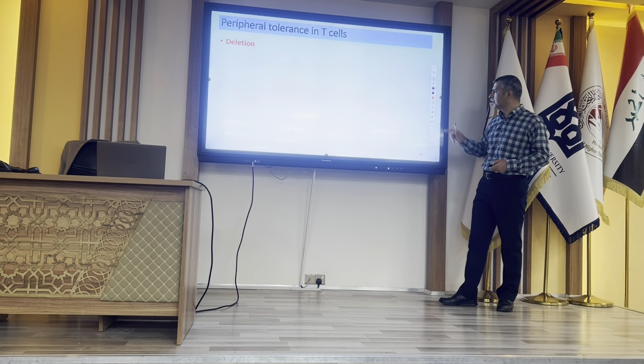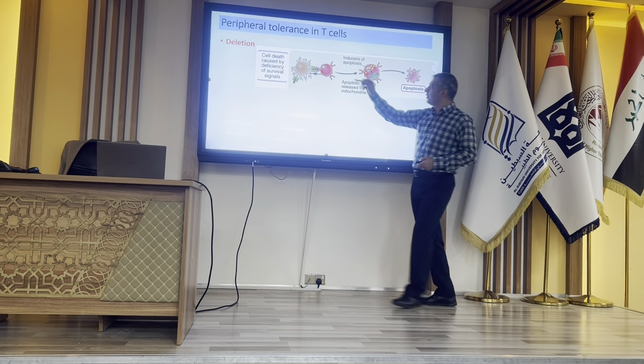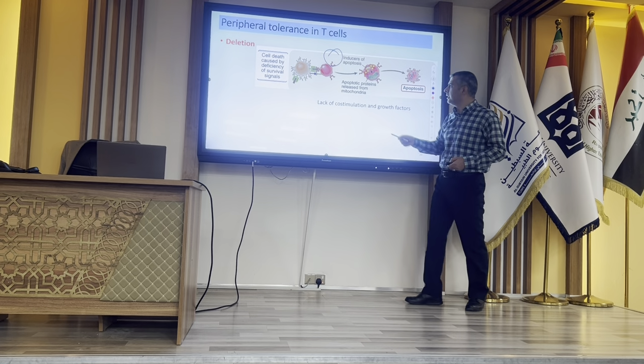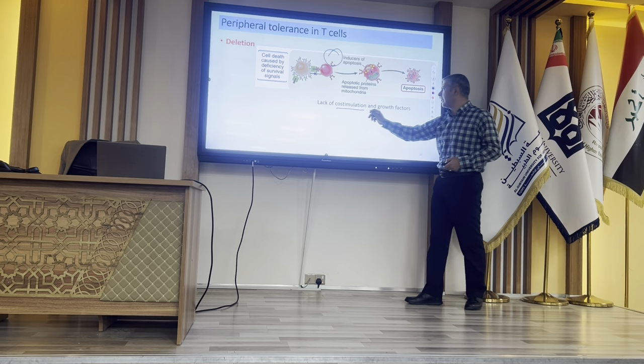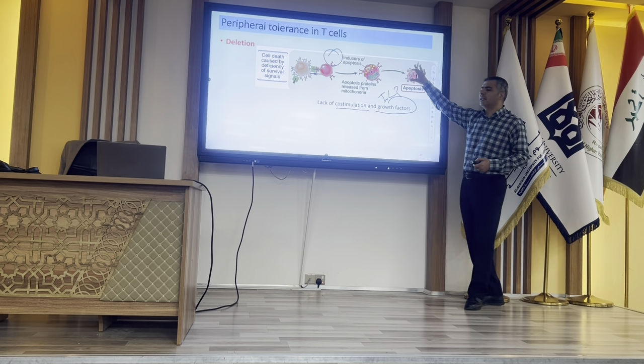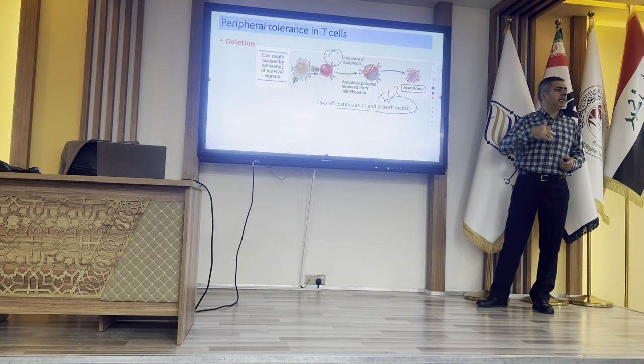But sometimes there is no, for example, interleukin-2. Or sometimes there is no co-stimulation. And again, when we have lack of co-stimulation and growth factors, we mean here interleukin-2, then the cell will undergo apoptosis, will be eliminated by apoptosis.